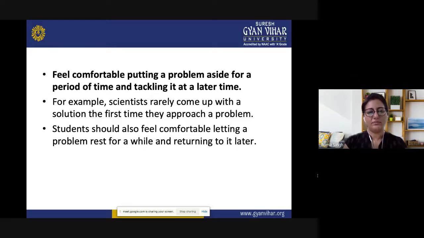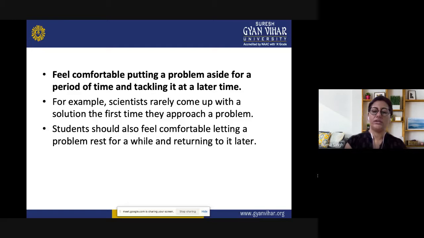So for example, we can say scientists rarely come up with a solution the first time they approach a problem. We can quote recent examples of the vaccination trials which have been done by various countries, and certain developed countries also were not able to come up with an accurate vaccine the first time. That doesn't mean that they have stopped working or finding new approaches.